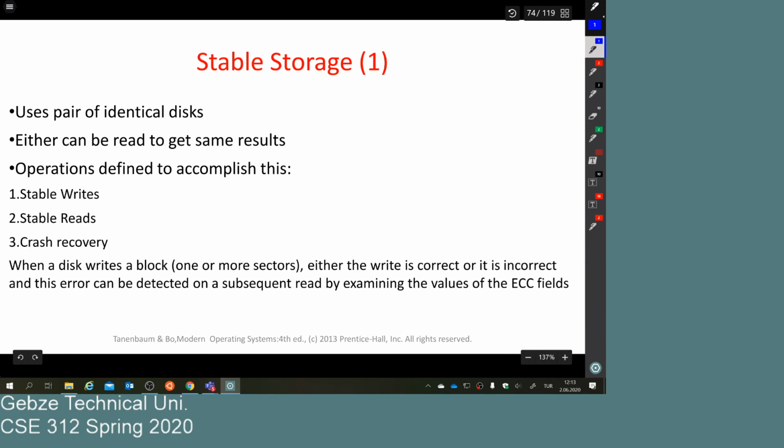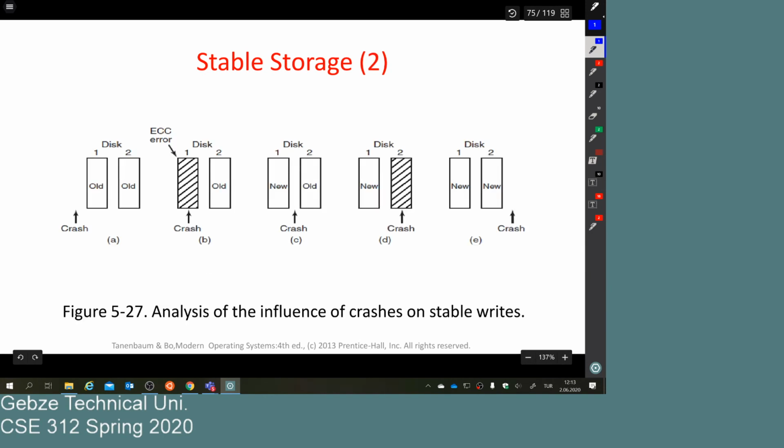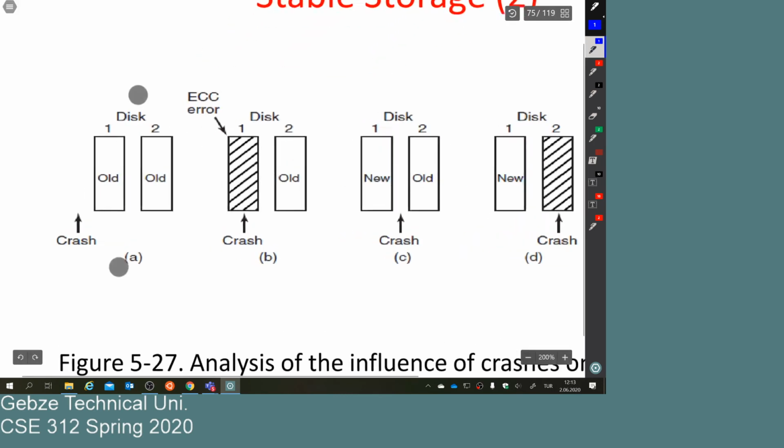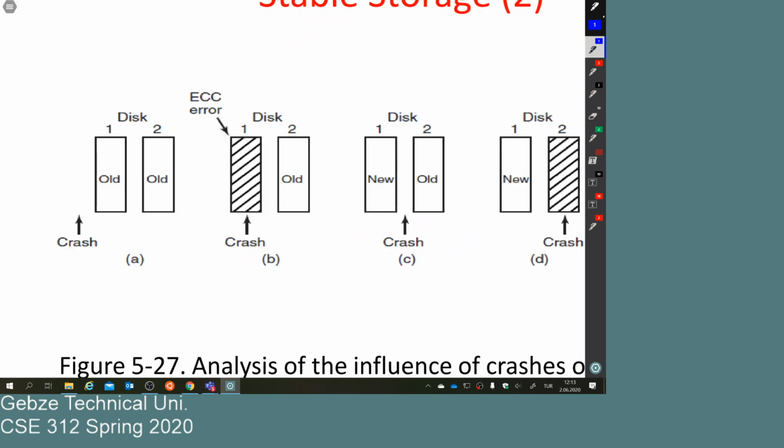It works like this. You write the same data to different disks, one after the other. First you write your data here, then you write data there, the same data. If the crash happens before you write any of the data, then you have your old information in a consistent state.